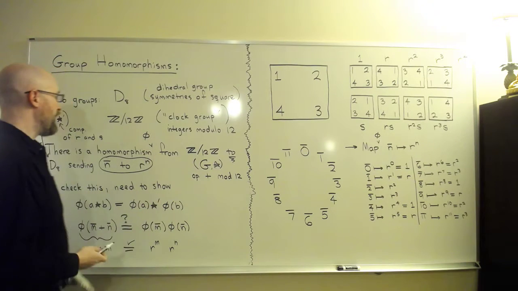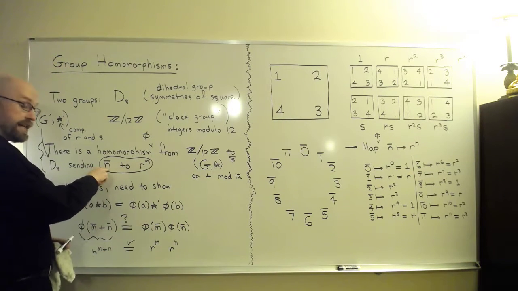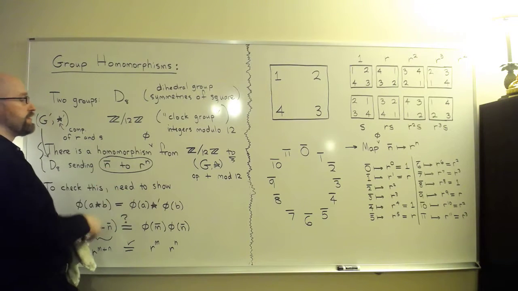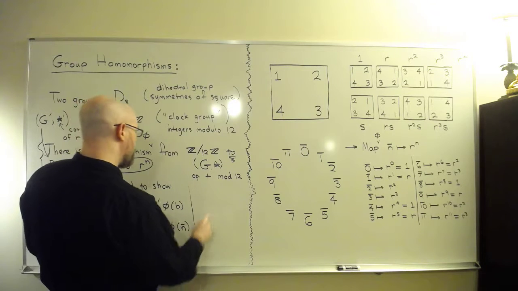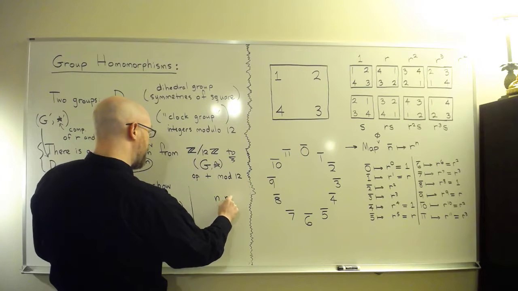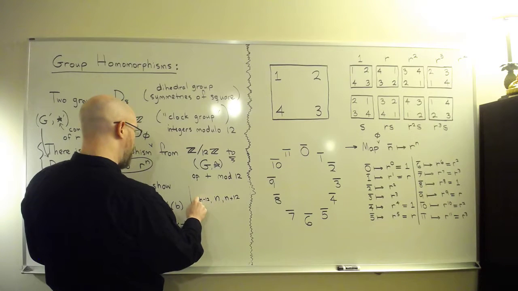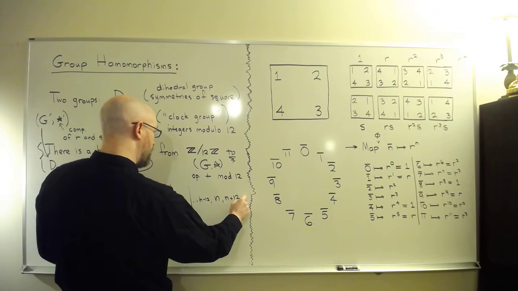And the reason why is because here I've taken an equivalence class which consists of, you remember what it consists of, it's not only n, but it has n plus 12 in it, and it has n minus 12 in it, and it has all these other numbers in it.